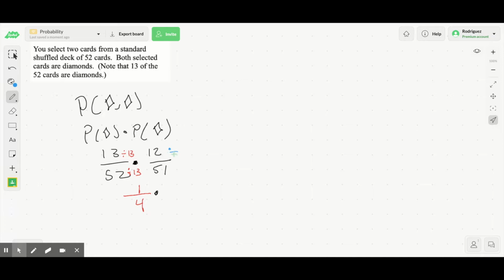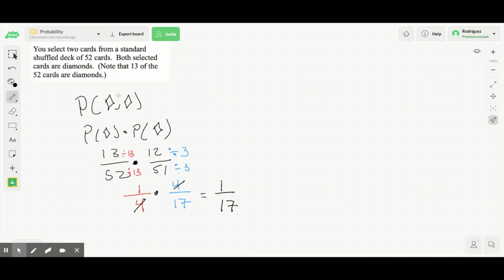However, they both share a 3. So I can divide 3 out of both of those numbers, and 12 divided by 3 is 4, and 51 divided by 3 is 17. Now looking at the multiplication, I can multiply straight across, or I can recognize that 4 divided by 4 is 1, so I'll go ahead and cancel out those 4's, and I'll be left with 1 over 17.